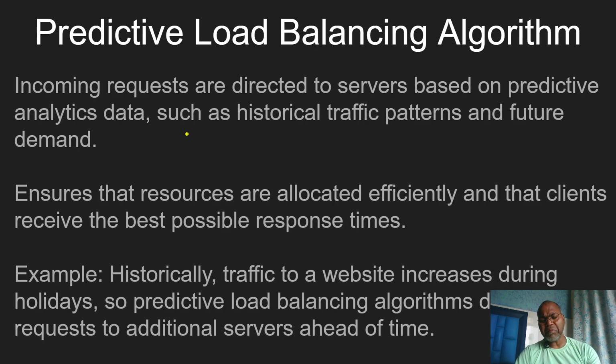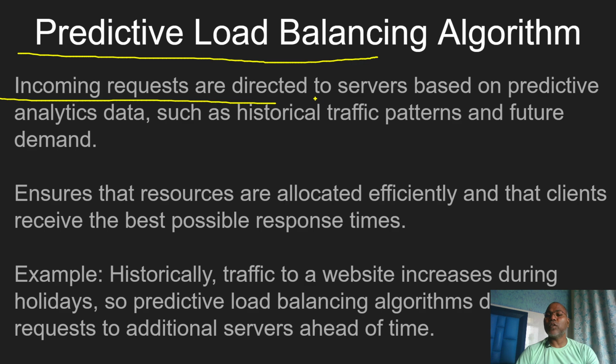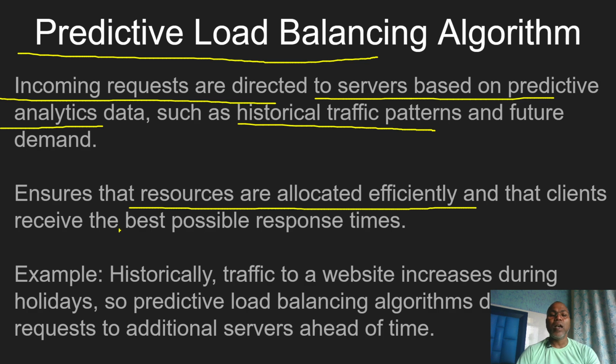The list is huge and I am not going to cover it all, but let's look at a couple more, like the predictive load balancing algorithm. Incoming requests are directed to the server based on predictive analytics, such as historical traffic and future demand. This ensures that resources are allocated efficiently and the client receives the best possible response.